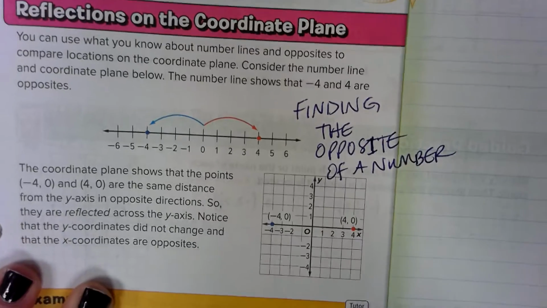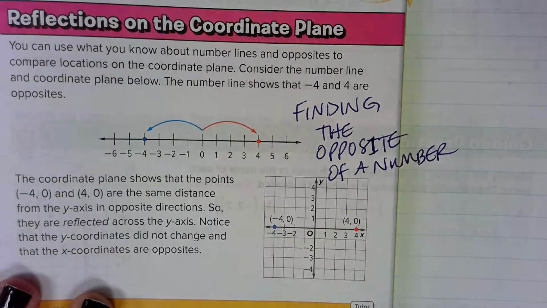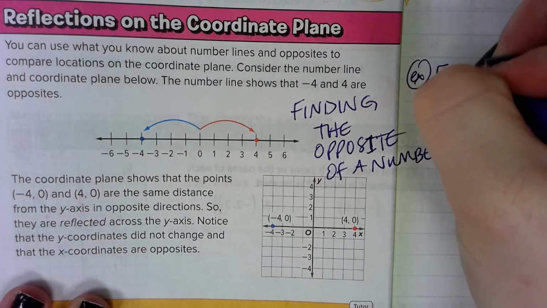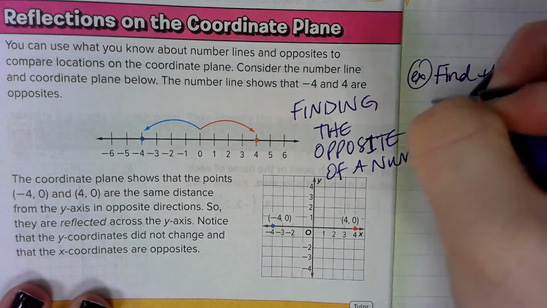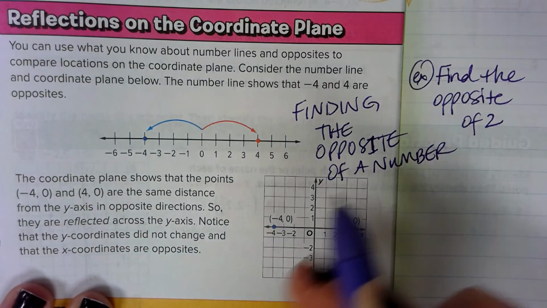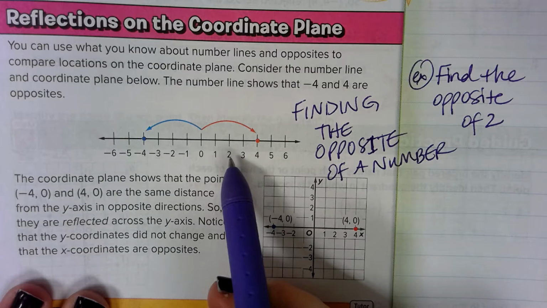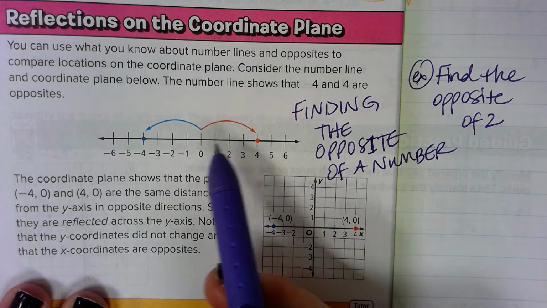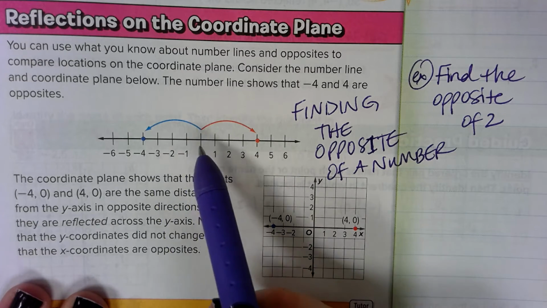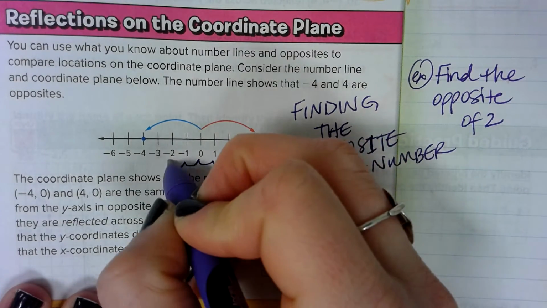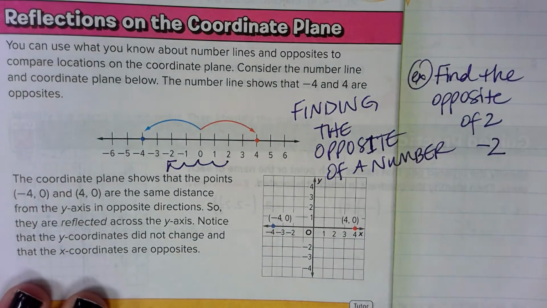So last week I said, all right, find the opposite of 2. You found 2 on a number line. And you said, okay, that's 2 spaces away from 0. So now the opposite would be the same distance away from 0, just going the opposite way. So now if I'm going from 0 to 2, I'm going to go from 0 to negative 2. And I know my opposite of 2 would be negative 2.